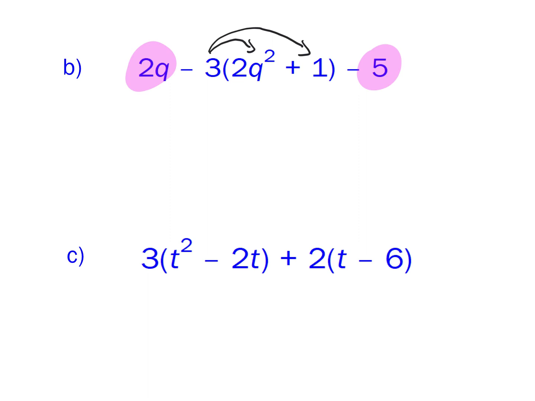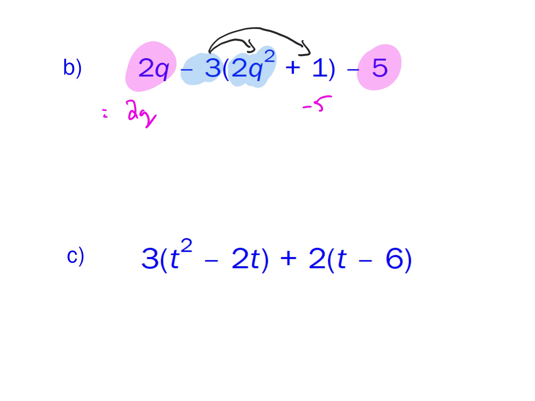If you want, what we can do, we have the 2q here. We have the -5 here. Why don't we go ahead and just multiply -3 times 2q squared right off the hop? And if we do that, what might we get? -6q squared.